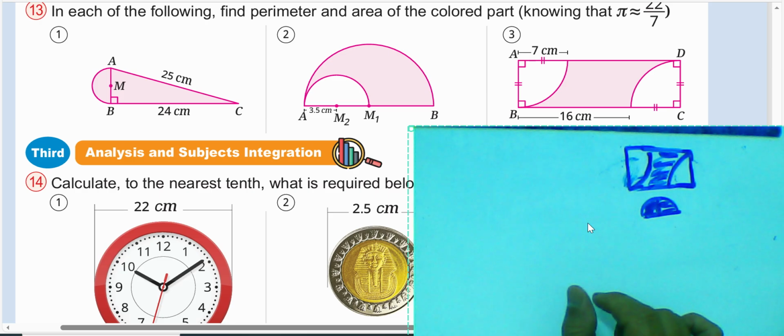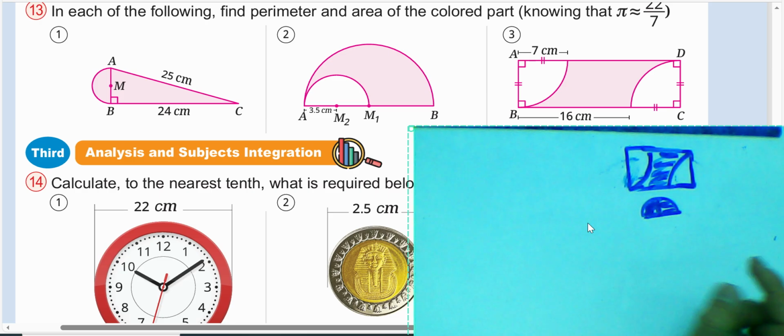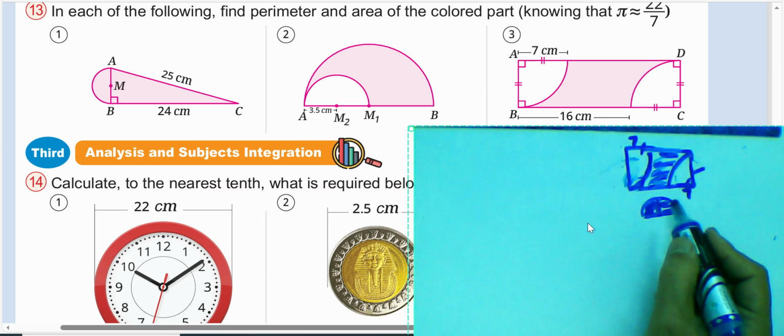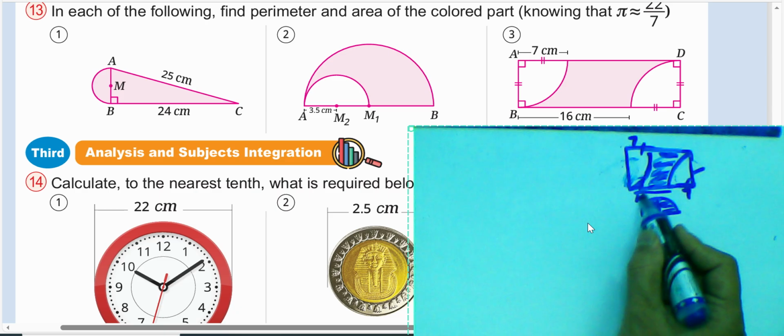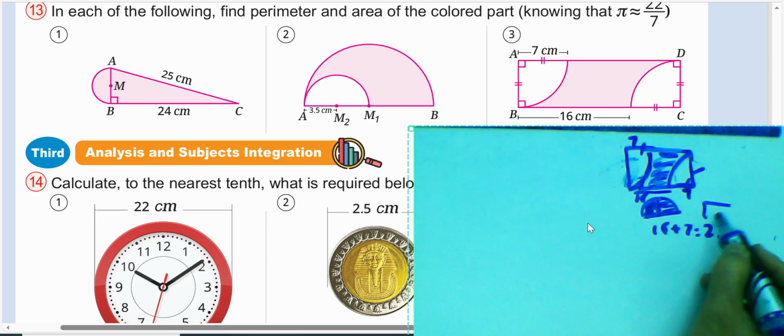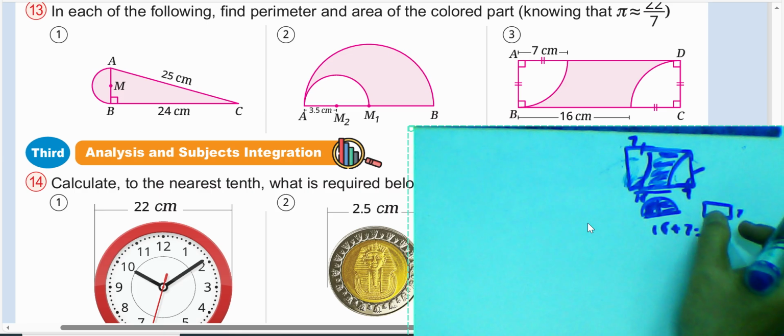But how do we find the area? Look, we have two congruent parts. This is 7 centimeters, this is 7 centimeters, and this line segment is 16. Then 16 plus 7 equals 23. So the length of the rectangle is 23 centimeters, and here 7.